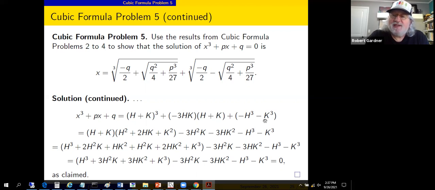The plus q produces the negative h cubed minus k cubed. And we've done something similar to this before. This cancels with that, the 3h squared k plus and minus 3hk squared. Those two cancel. This time, the h cubed cancels with a negative h cubed, positive k cubed cancels with a negative k cubed, and ain't nothing but 0 left. It worked. So we can express x in this form, and indeed, this produces a 0 of a cubic of this form.